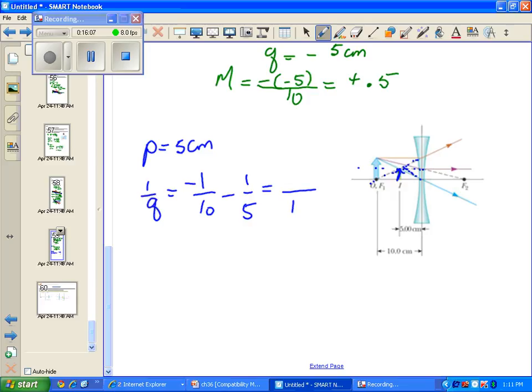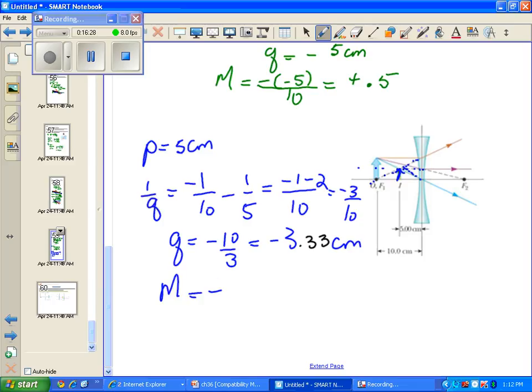Well, let's see, common denominator 10: minus 1 minus 2 gives us minus 3 over 10, so Q equals minus 10 over 3, or minus 3.33 centimeters. Oops, seems like we've switched colors there. M is equal to minus 3.33 centimeters divided by 5, and that gives us a value of 0.667.